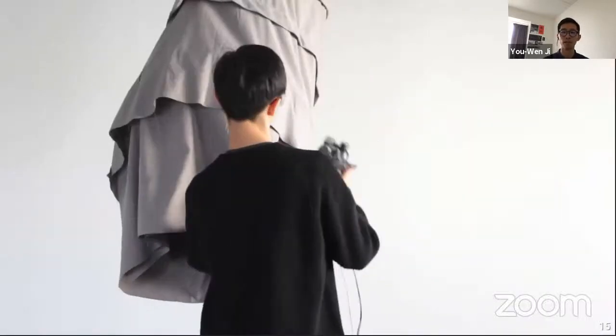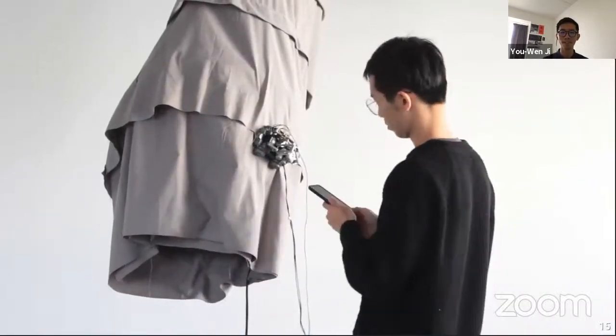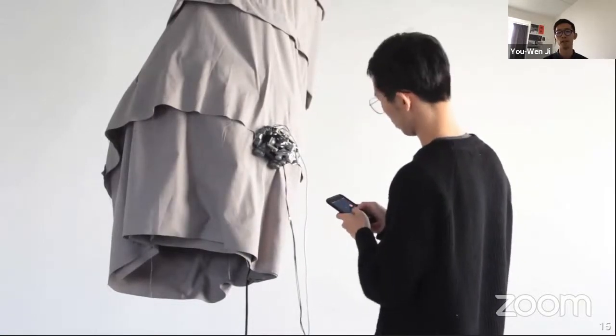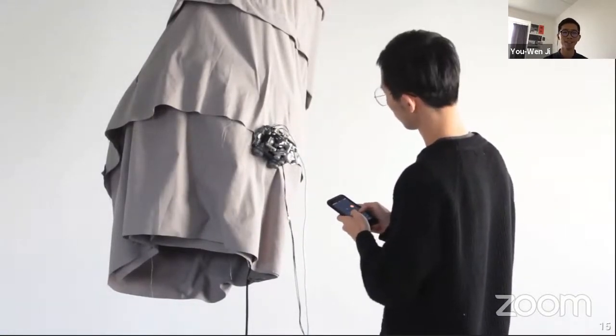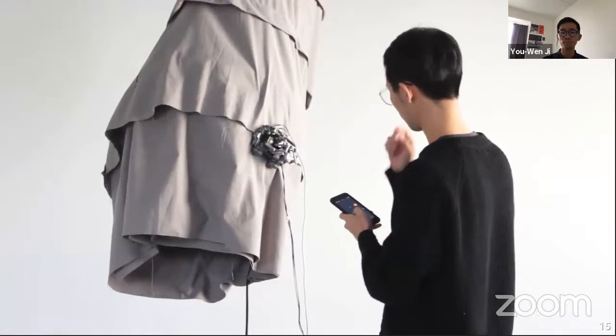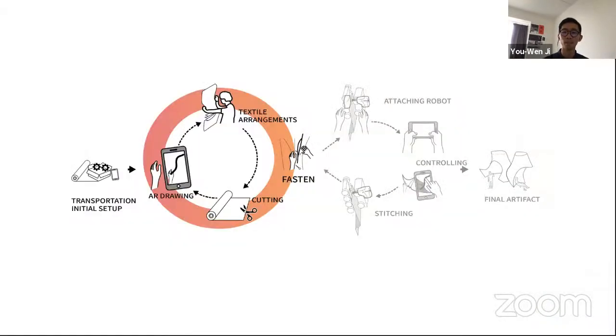Here is a picture of the robot and how it operates. You just need to attach it on the fabric, and we can start stitching and sewing. The proposal for the design plus application is providing a comprehensive 3D workflow with the stitching bot and AR design tools. Firstly, sketching and arranging the space with the textile.